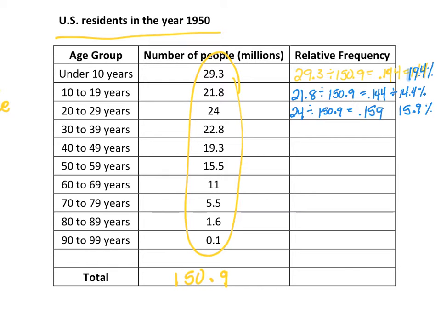Okay, and you'll continue on doing the number of people divided by 150.9. The next one, the class of 30 to 39, would be 22.8 divided by 150.9, and you would get about 15.1%.